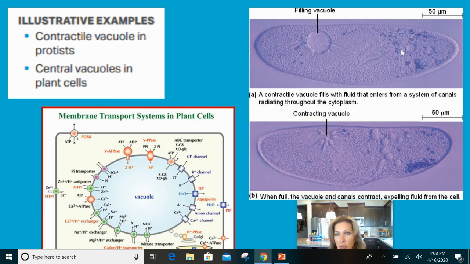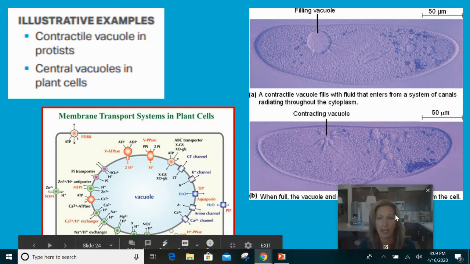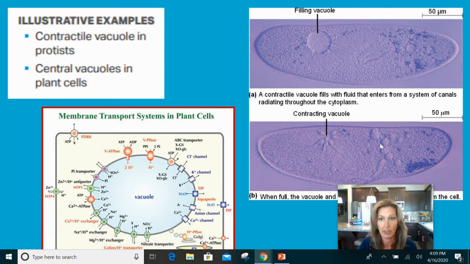If it's in fresh water, water would just be flowing in and causing this poor guy to burst open. He's not going to be able to survive. So by having this contractile vacuole, it can draw water in and then actively push that water out in order to maintain proper tonicity and maintain an isotonic environment, inside the cell versus outside the cell.